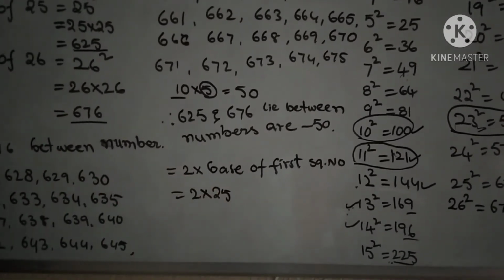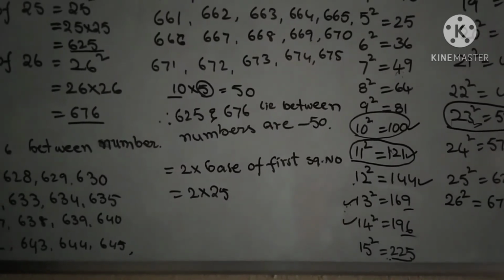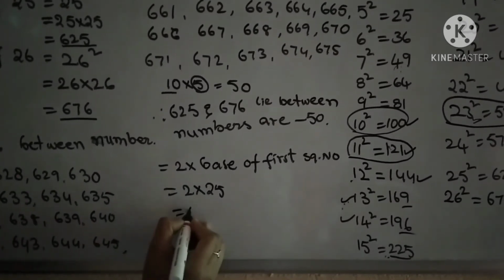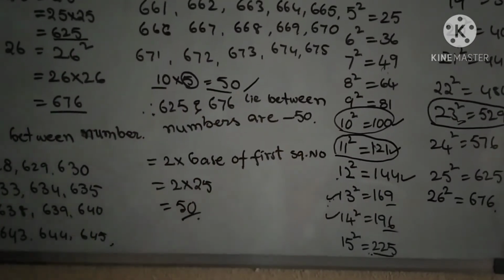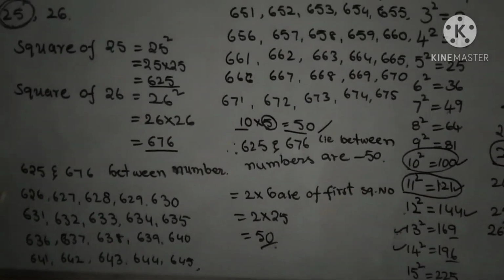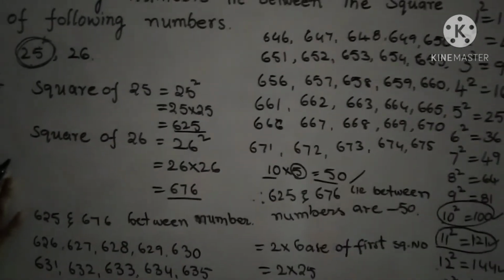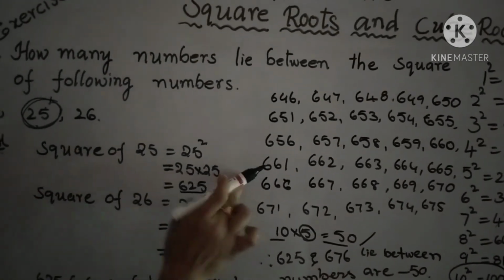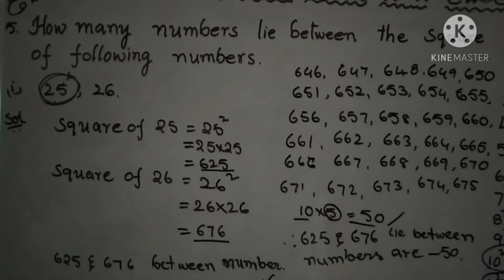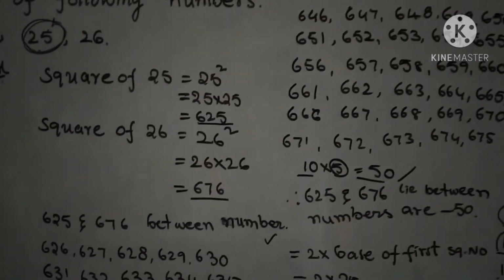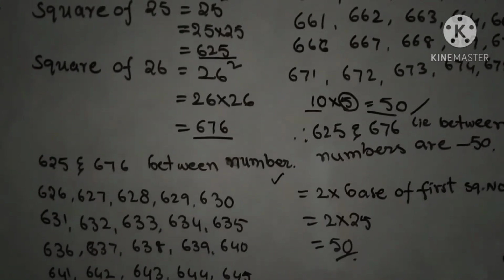Here the base is 25, and the power is 1. 2 into 25 is 50. So it is correct. Okay children, in the 4 marks, we will give 4 marks if we write this process, and 2 marks for doing this process. Okay children. Next, do the remaining problems as homework.